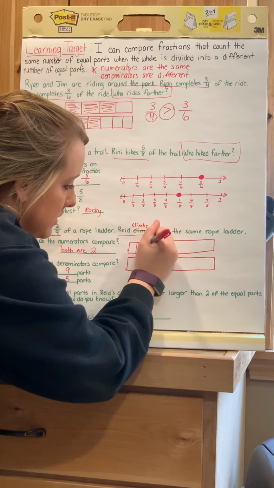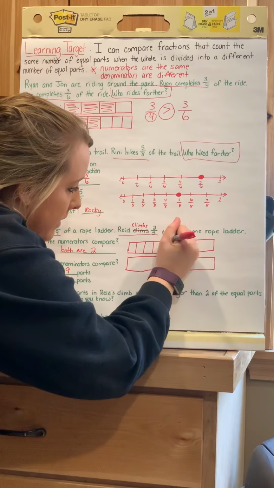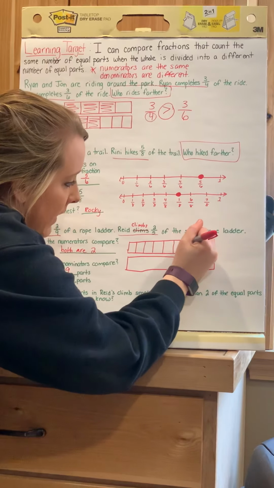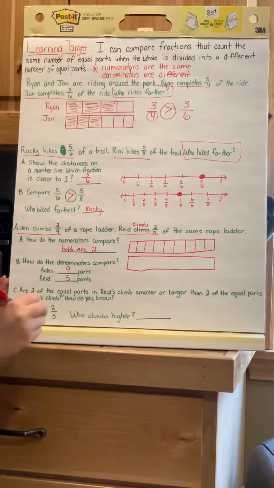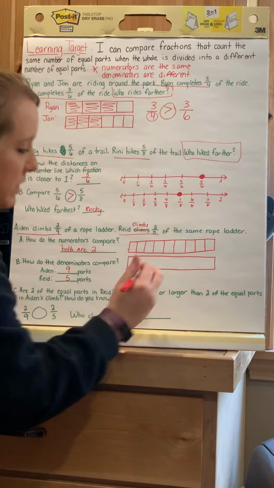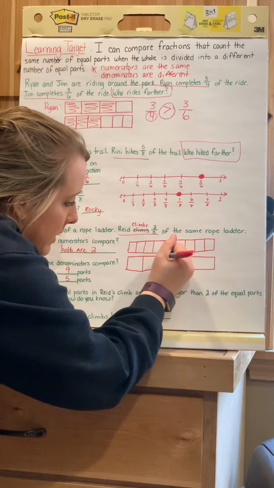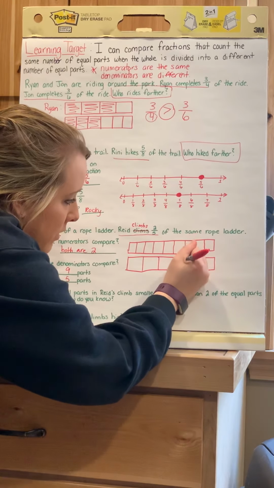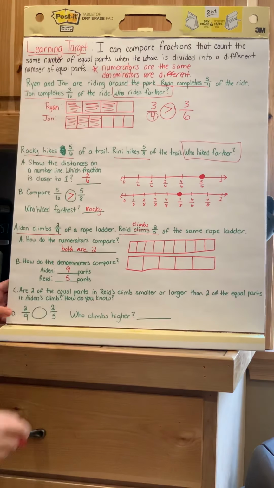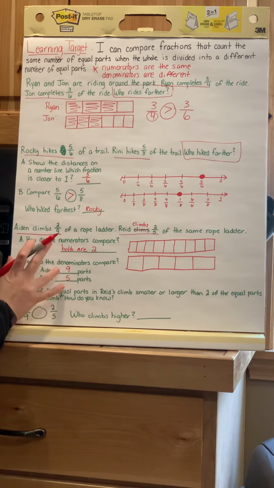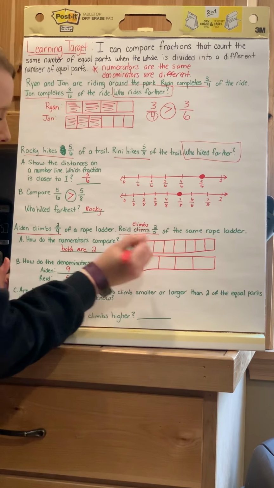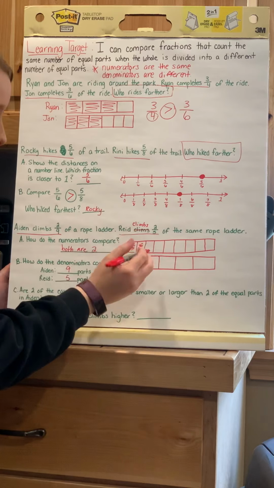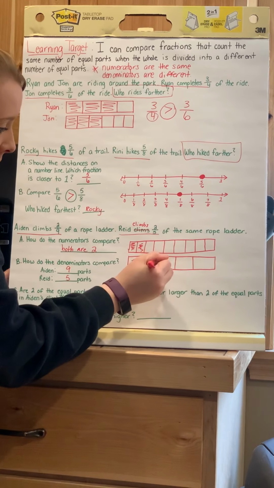So 1, 2, 3, 4, 5, 6, 7, 8, 9. Reed was split into 5 parts. 1, 2, 3, 4, 5. That part's a little bit off, but that's okay. So Aiden did 2 ninths of the climb, and Reed did 2 fifths.